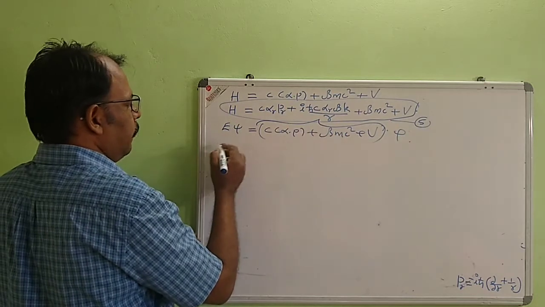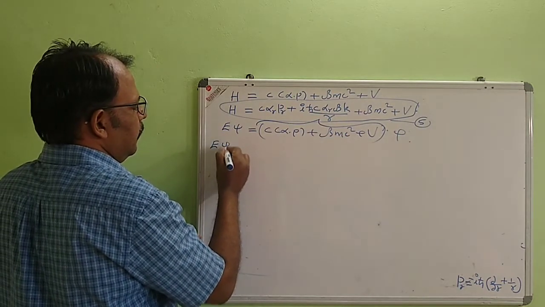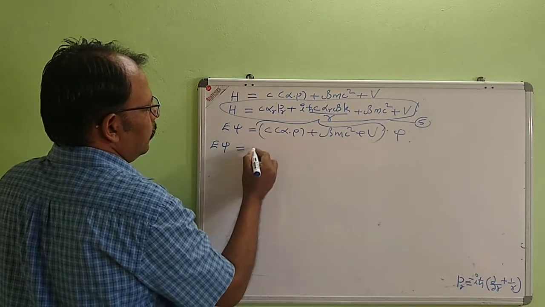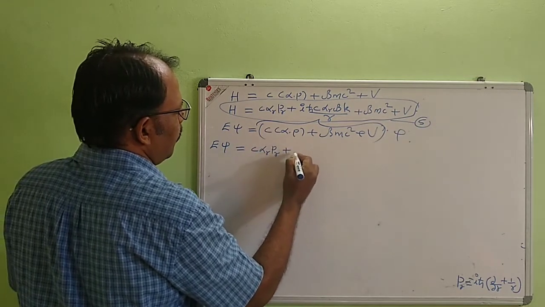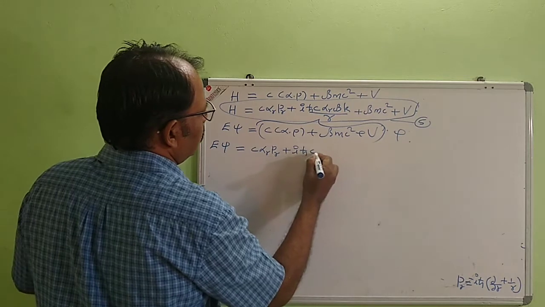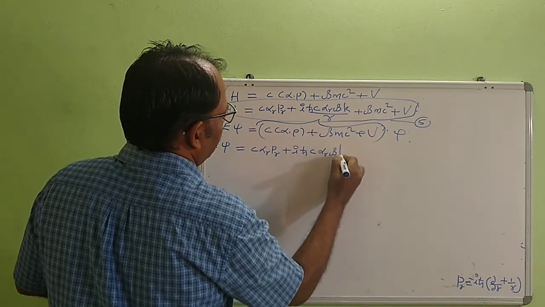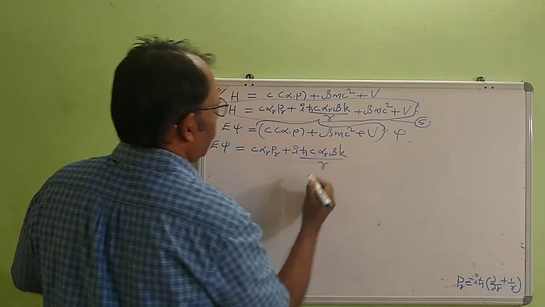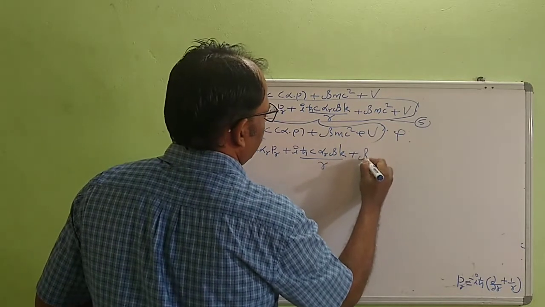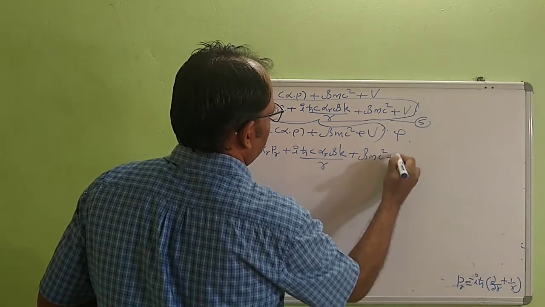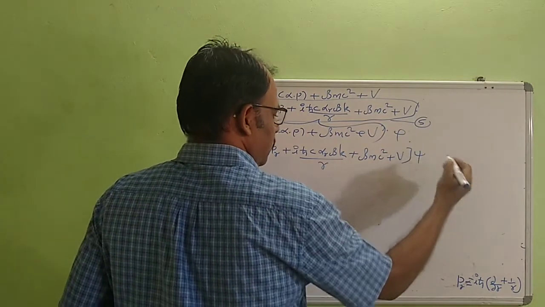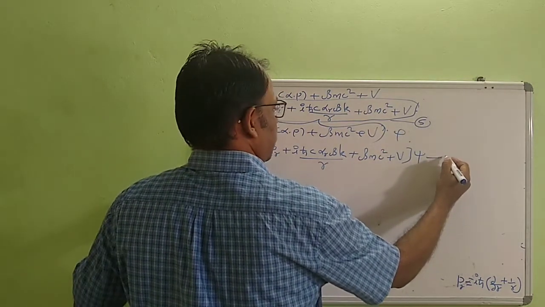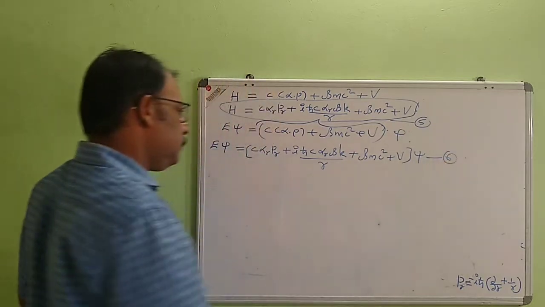So we can write the wave equation as E psi is equal to C alpha R PR plus i h bar C alpha R beta K by R plus beta m C square plus V operating on the wave function psi. This equation I am writing as equation number 6.